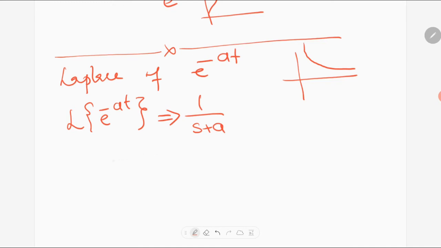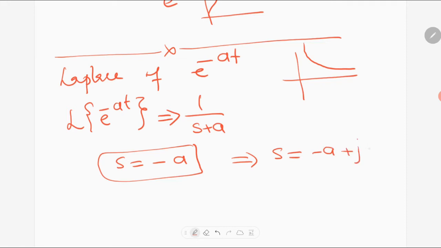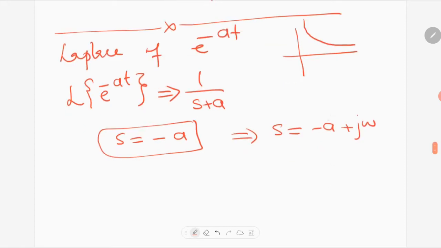So 1 over s plus a means that we have a pole like this, right? And if we just write it in the sigma and j omega thing, this is the sigma, this is the j omega, which is equal to 0.